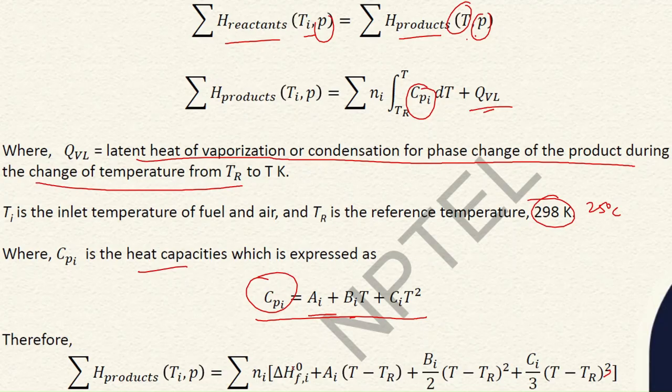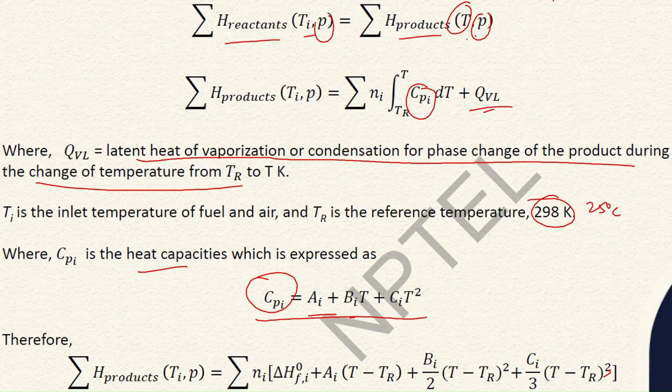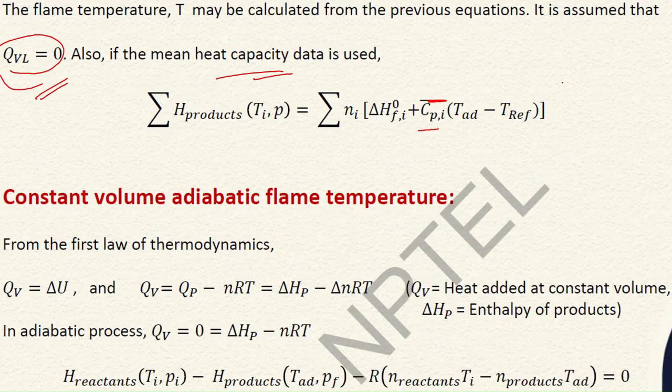Delta Hf is the enthalpy of formation of the products. And the flame temperature T may be calculated from the previous equation. Normally we take QVL as 0, considering no phase change. So if the mean heat capacity data, that is Cpi bar, is given, then this reaction is converted to this.